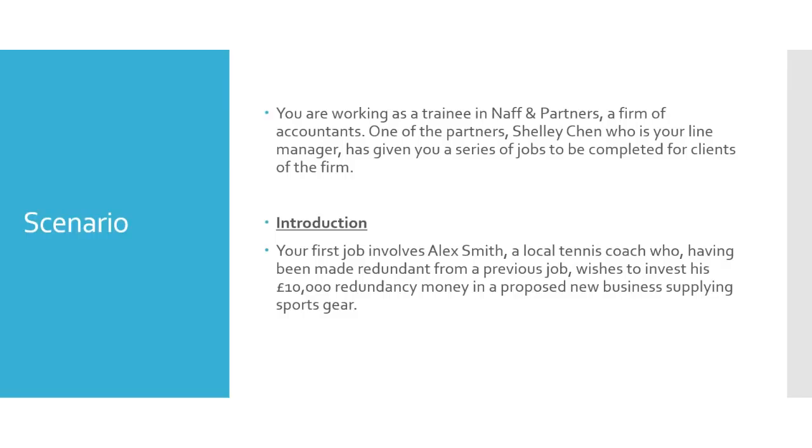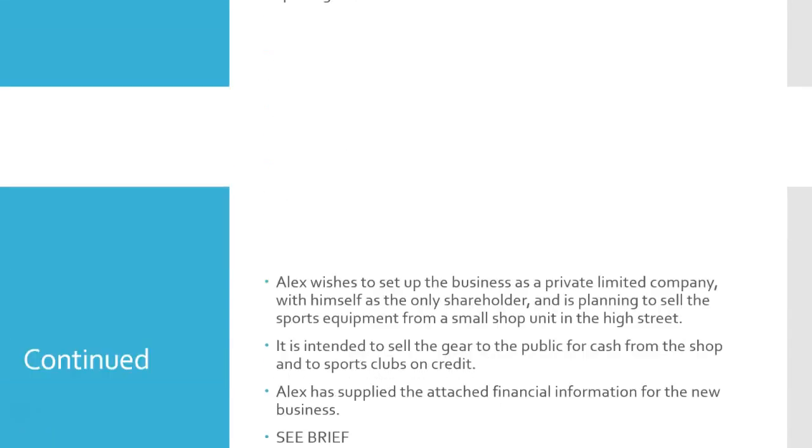So you're working for Nath & Partners, who are a firm of accountants. One of your partners, Shelley Chain, who is your line manager, has given you a series of jobs to complete for your clients' firms. This is the first one of those jobs. Your first job involves Alex Smith, a local tennis coach who, having been made redundant from his previous job, wishes to invest £10,000 of his redundancy money into a new business supplying sports gear.